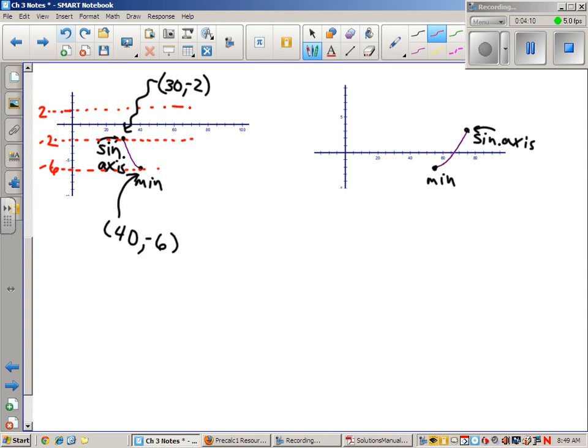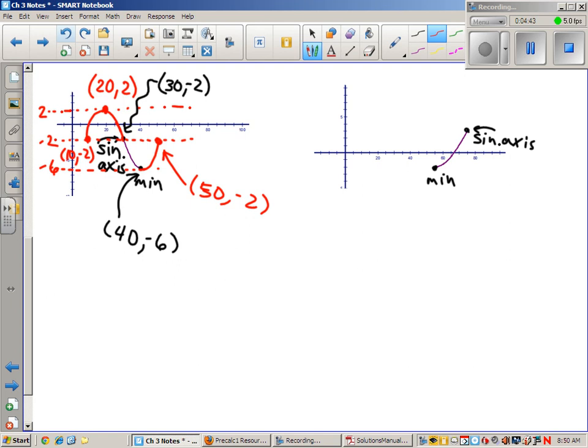If I go and find some more points, since there's 10 degrees between them, I'm going to go another 10 degrees over and end up on the axis again. So this point is 50, -2. Let's say I want to do sine, so I'm going to put this another 10 degrees back and end up right here at a max point, 20, 2. And then back down to the sinusoidal axis over here at 10, -2.